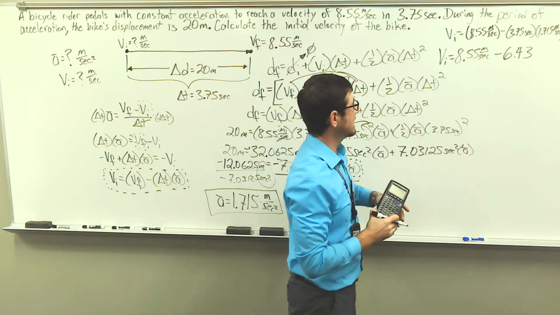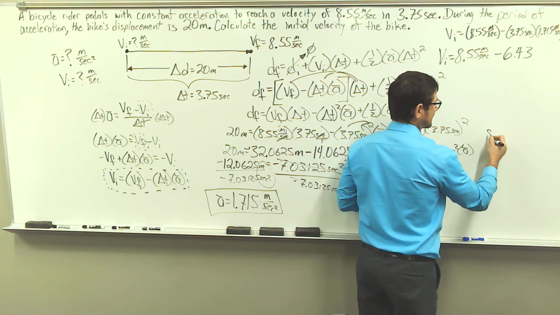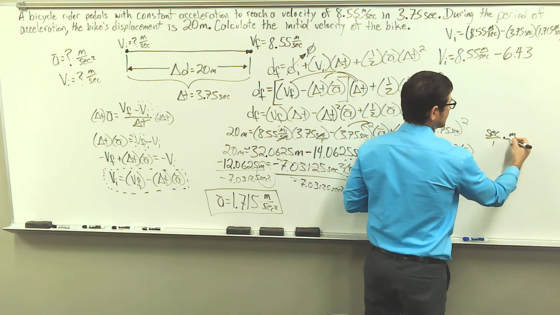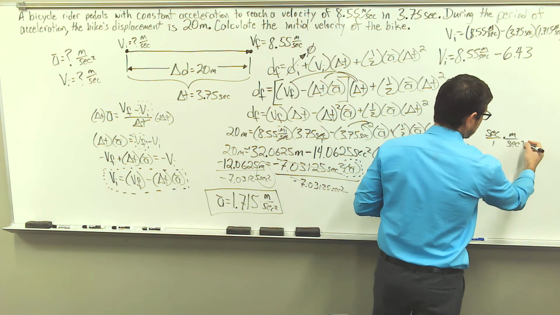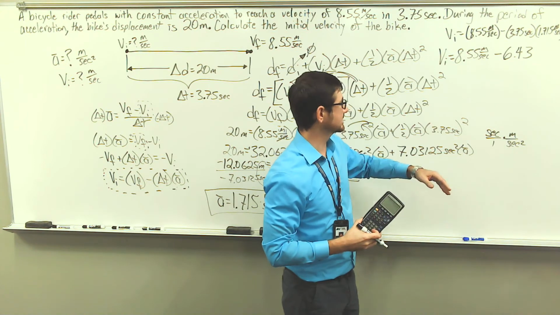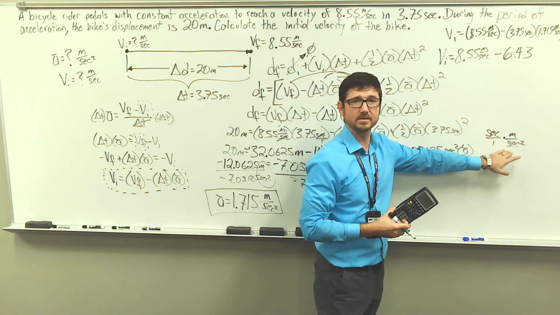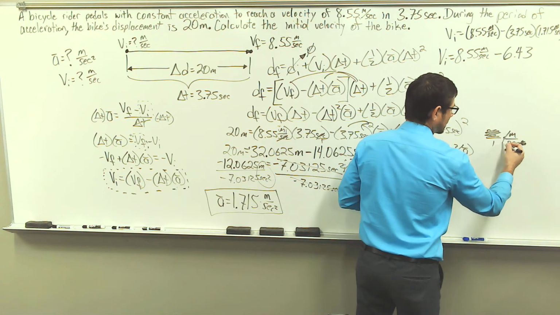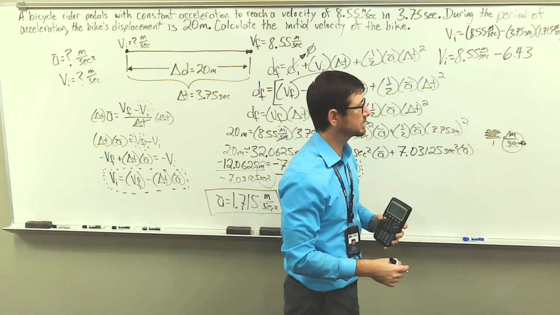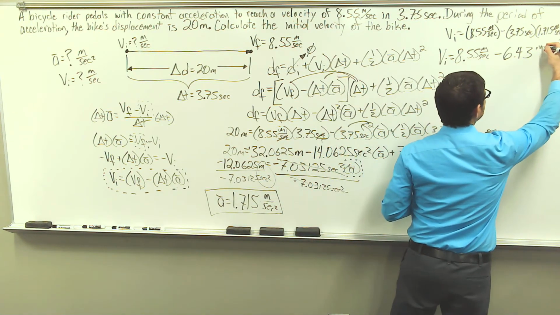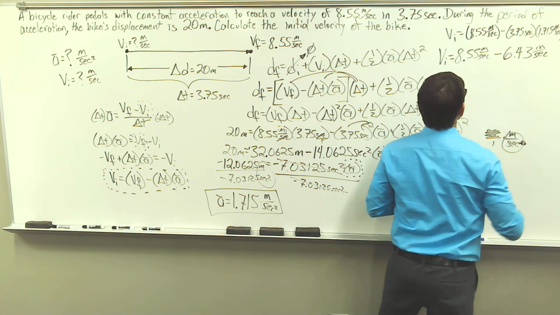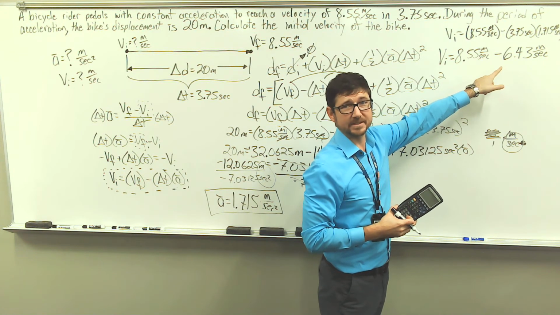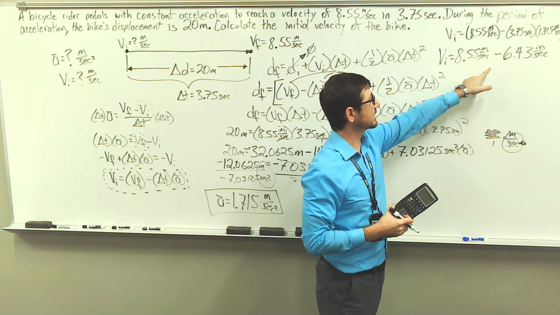So I have seconds, which we can write as seconds over 1 times meters per second squared. So we can see that one of our seconds cancels out. So it leaves me with units of meters per second. Okay? Now, we can subtract the 6.43 meters per second.